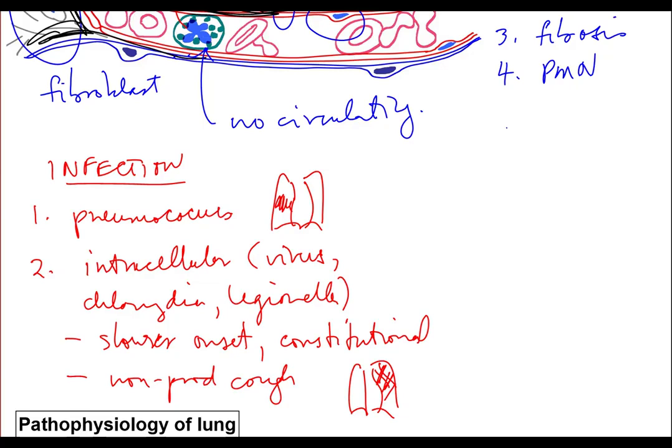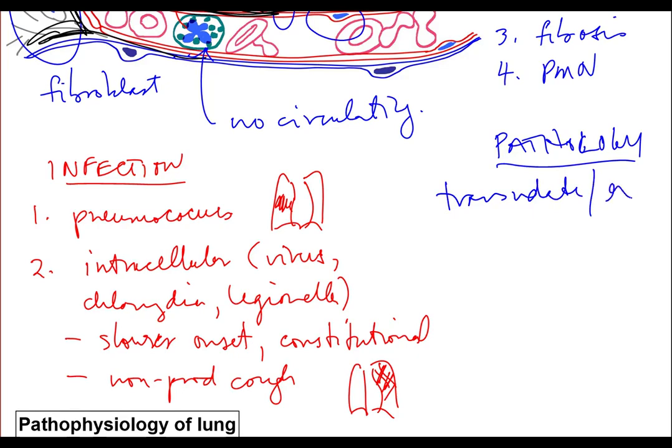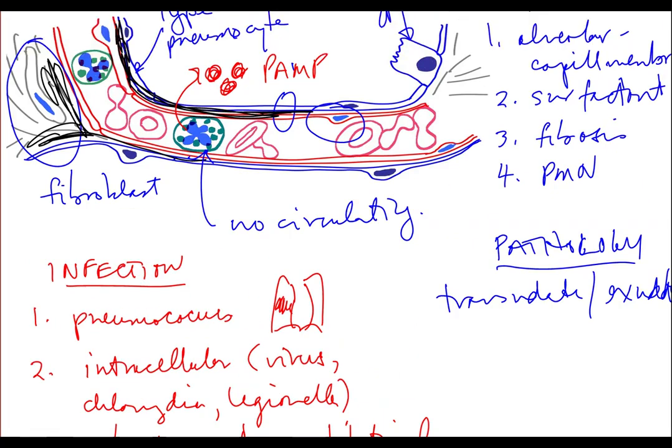When we come over and talk about the purely pathologic diseases, the important image to have in your mind here is to think about the formation of transudates and exudates. So when we talk about what happens here, if we have congestive heart failure, we are really increasing the hydrostatic pressure.